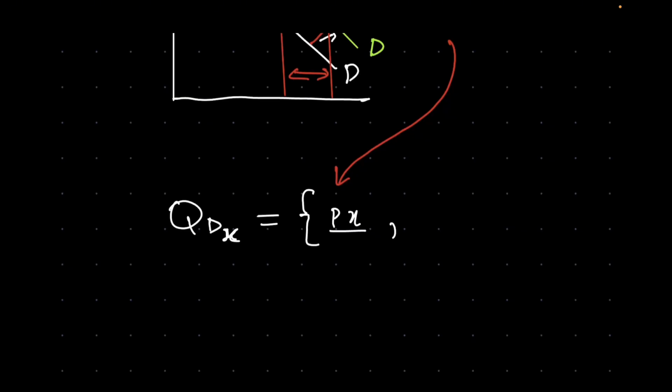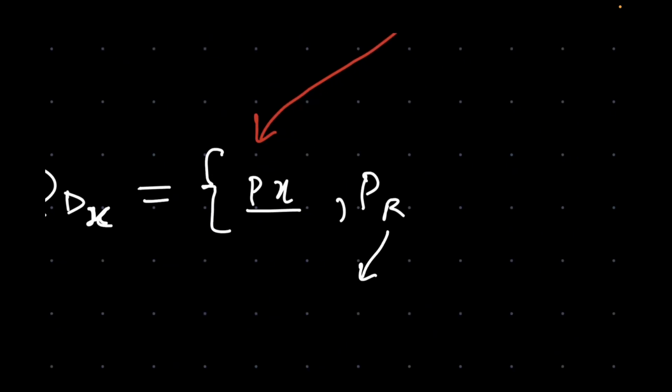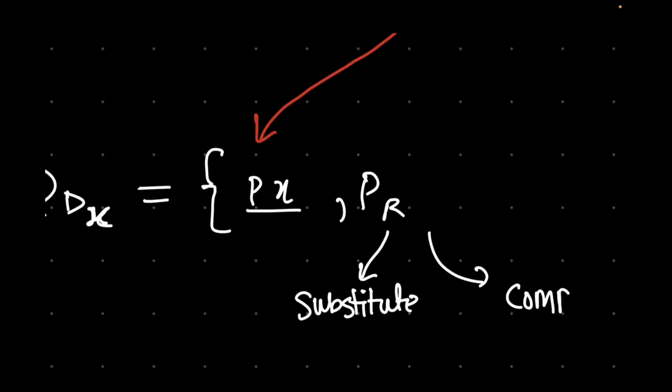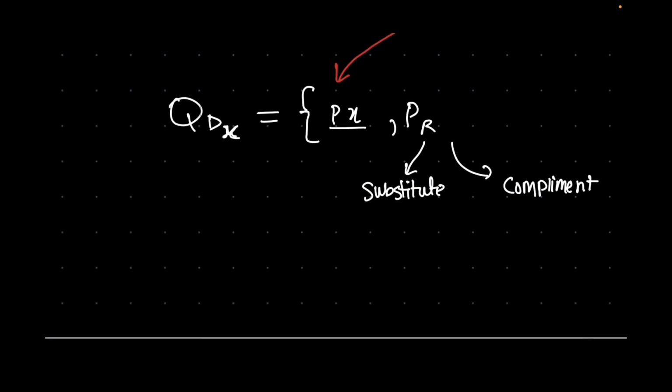So I like to think of this as price of related goods, which I like to put with R. Now there are two types of related goods. There are substitute goods and there are complementary goods. Now what does it mean? So essentially, substitute goods, for example, is something like Pepsi and Coke.